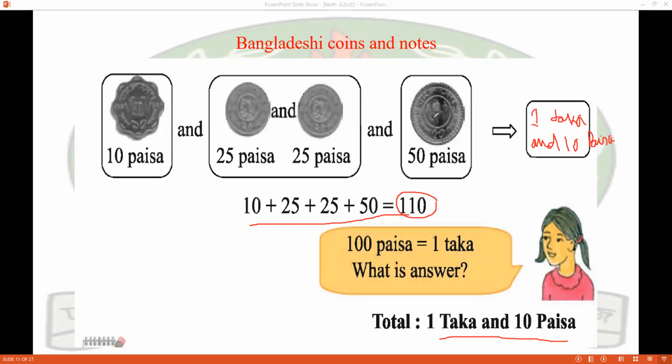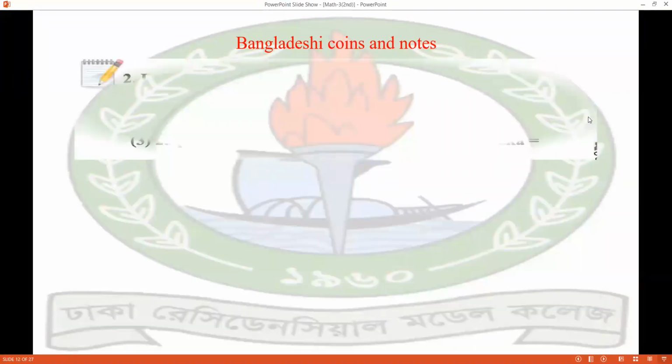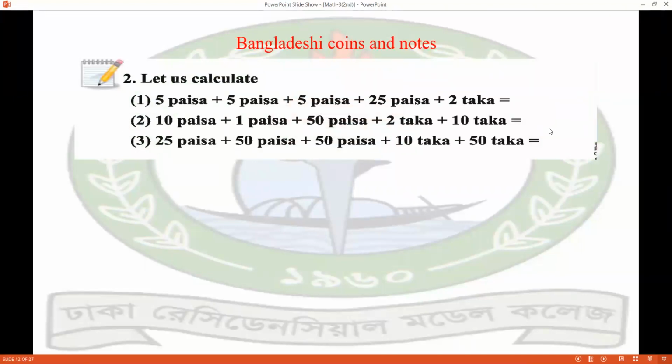It is very easy. The next one, let's just calculate. You have to calculate this type of math. How many paisa, how many taka will be there. So let's go. We have to calculate it. 5 paisa and another 5 paisa, 5 paisa, 25 paisa, 2 taka. So we know that 5 paisa, 5 paisa, and 5 paisa.